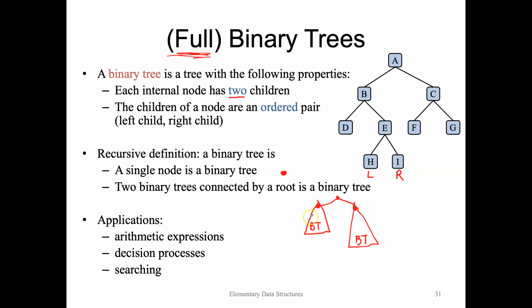So this is the left subtree of the root node, and this is the right subtree of this root node. So this entire thing then is a binary tree. This is a recursive definition of binary trees. This will be particularly helpful for us when we're looking at some of the properties that binary trees have. There are a lot of applications of these.